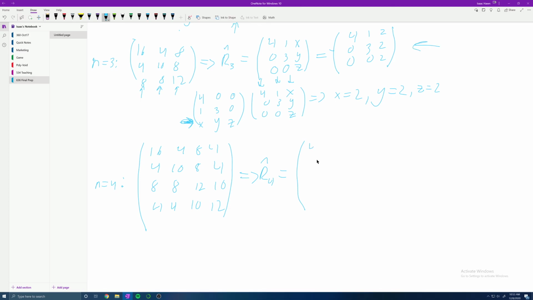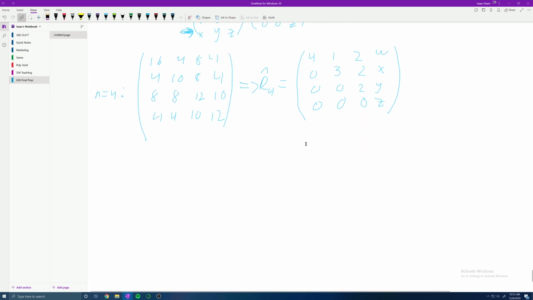So 4, 1, 2, 0, 3, 2, 0, 0, 2, upper triangular, right? So these bottom ones are going to be zeros. Don't know these. W, X, Y, Z. Going to write it all out again. Take the transpose and multiply it by itself. So we'll get A, so we can solve for W, X, Y, and Z just like we were doing before.